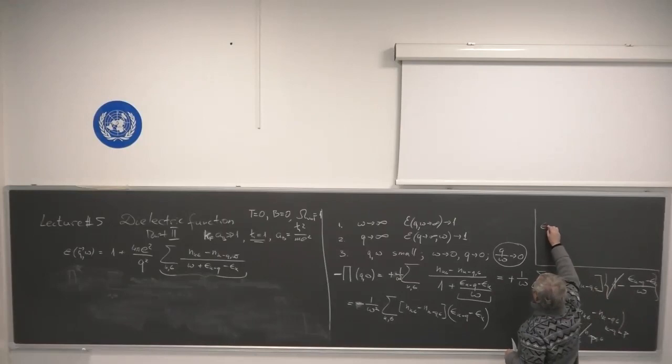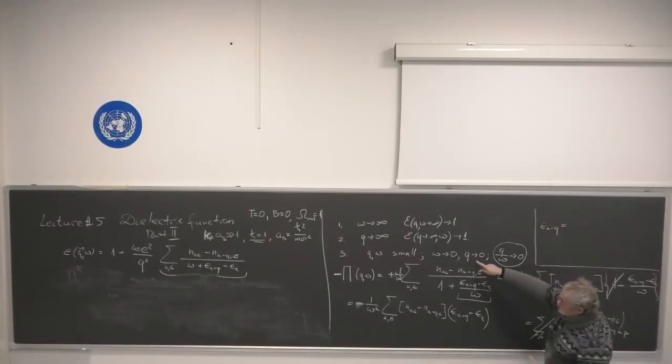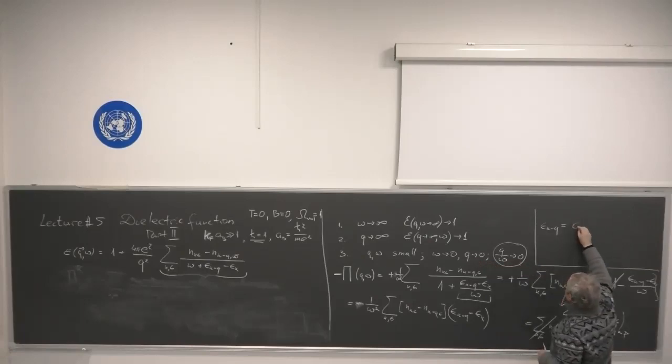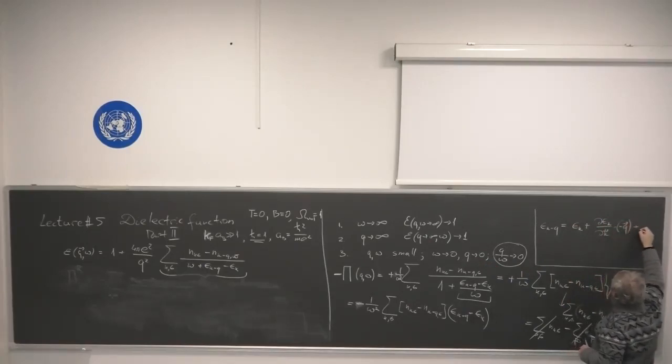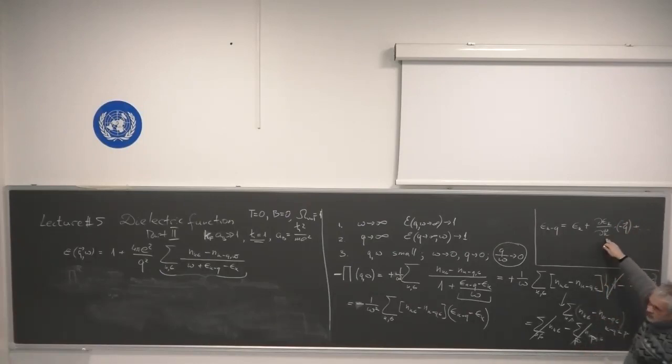So epsilon k minus q, for small q, you see, I do a Taylor expansion: epsilon k plus d epsilon k over d k times minus q, and so on and so forth. The derivative of your spectrum with respect to your wave vector, momentum or quasi-momentum, is the group velocity.